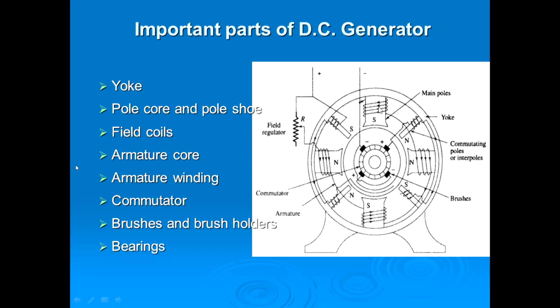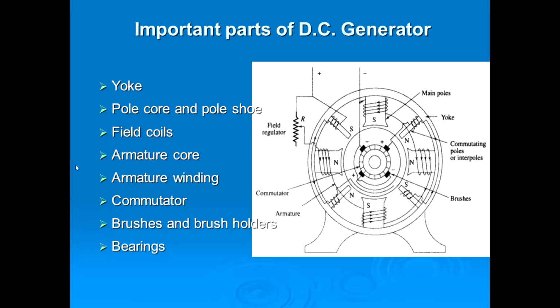These black color lines are the field windings or field coils. Am I clear?